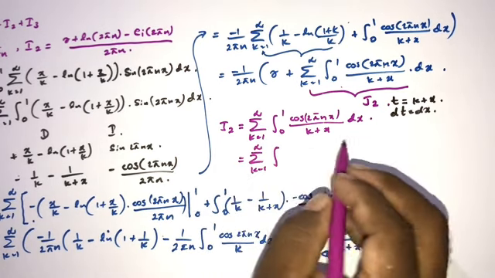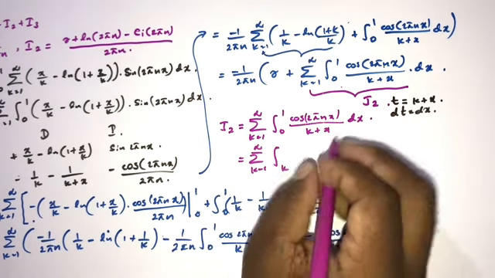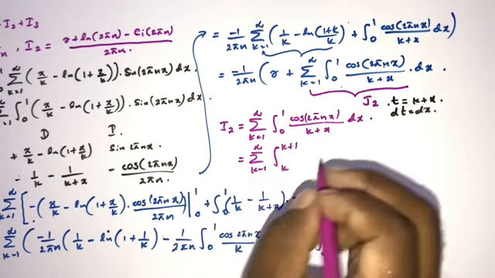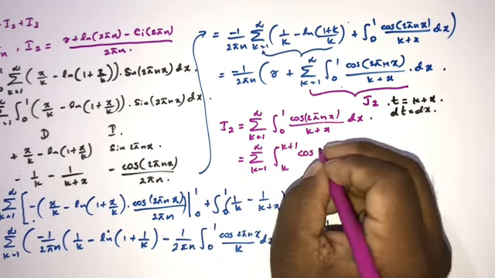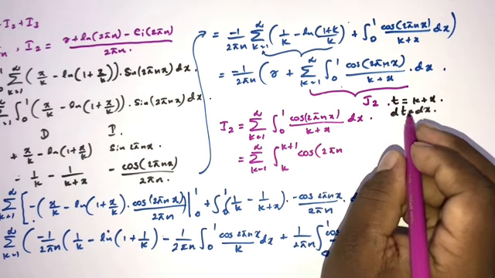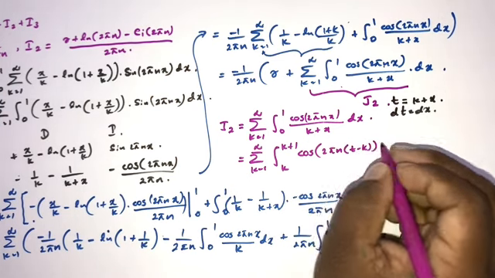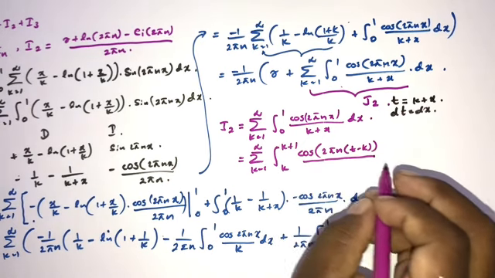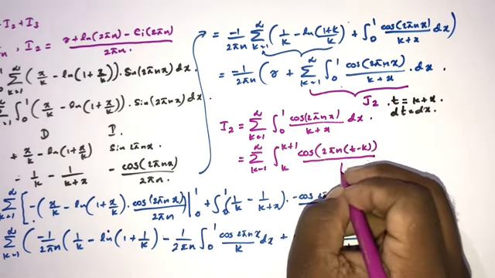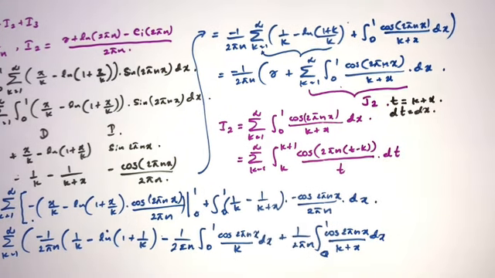Now the limits: when x approaches 0, the lower limit is k and the upper limit is k plus 1, and here we have cosine of 2 pi n times (t minus k) over t dt.